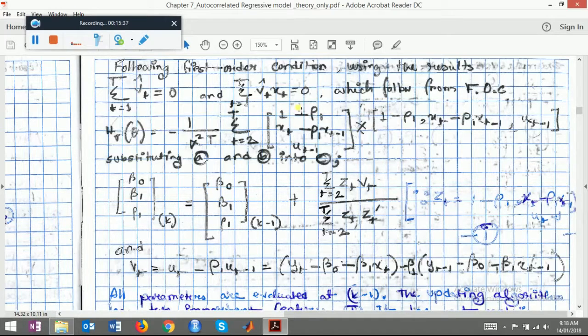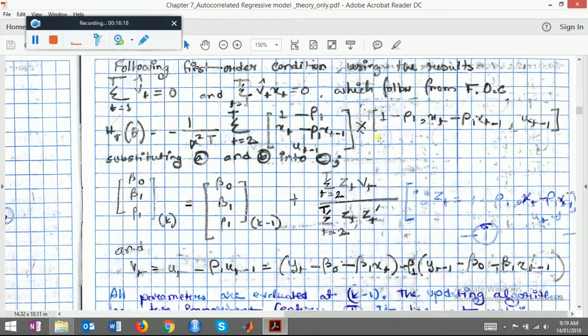Following the first order condition results, you have Vt, which is IID, to be 0, and so Vtxt is also 0, which follows from the first order condition. Because this is coming from the first order condition, it is all 0, so Vt indeed is 0, and if Vt equals 0, then Vtxt is 0 too, right?